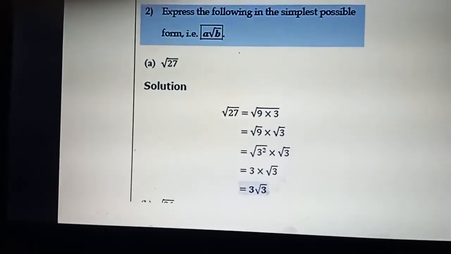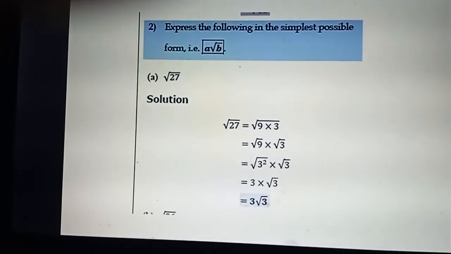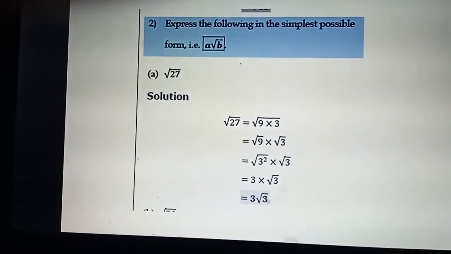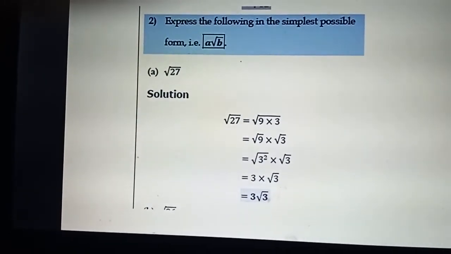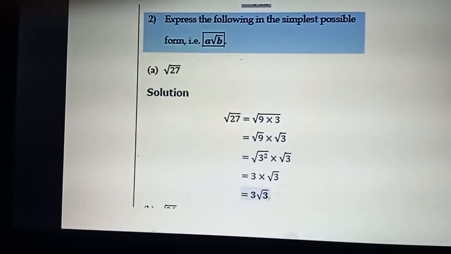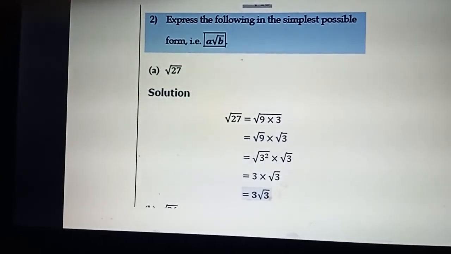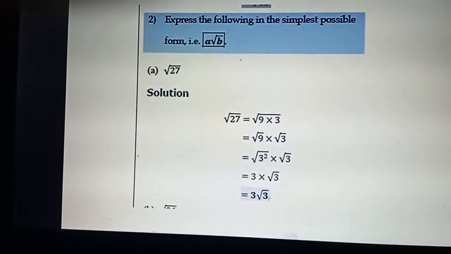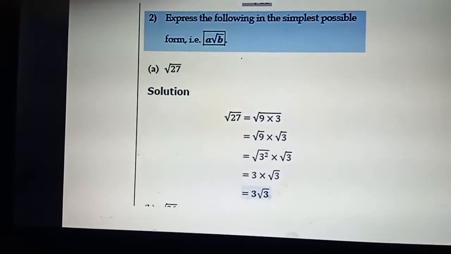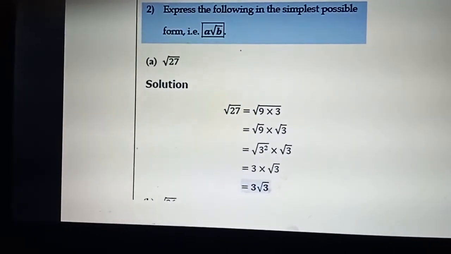Then this second example, they say express the following in the simplest possible form. Simplest possible form, that is a root b. Your answers will look like a root b. Solution, root 27. When you have root 27, you are going to break it by what?